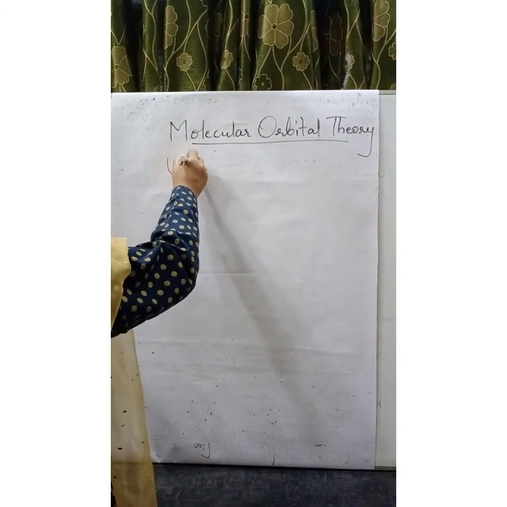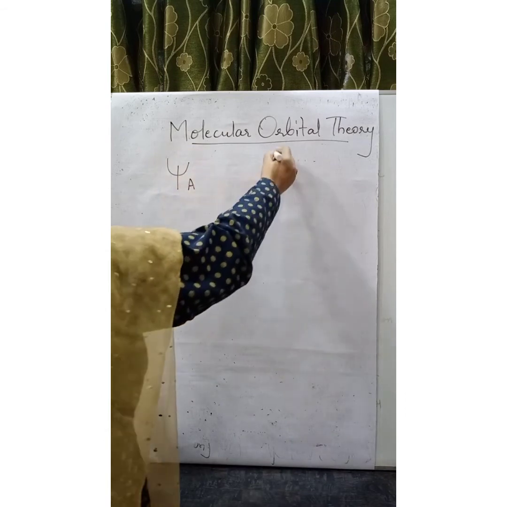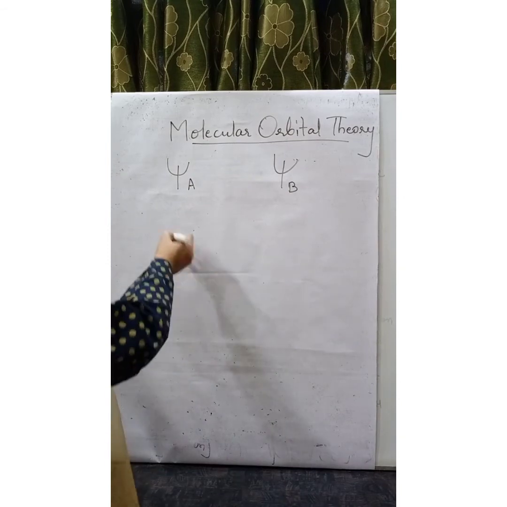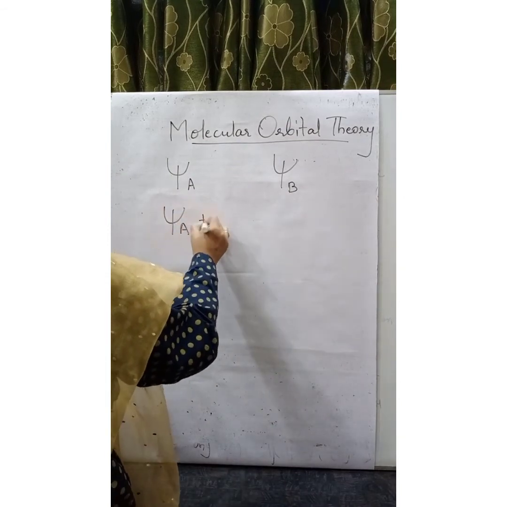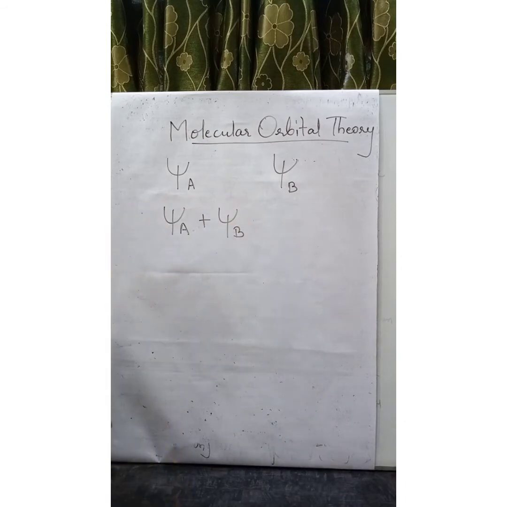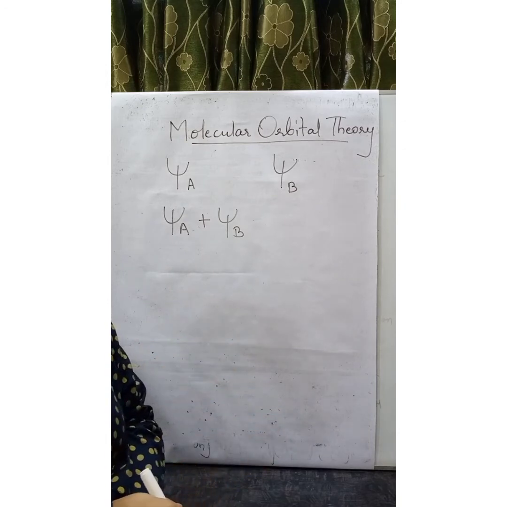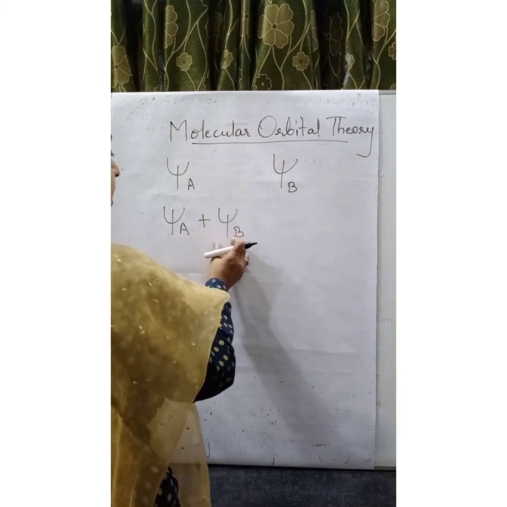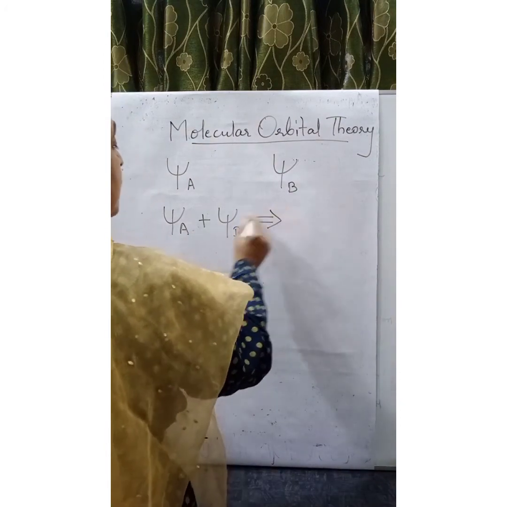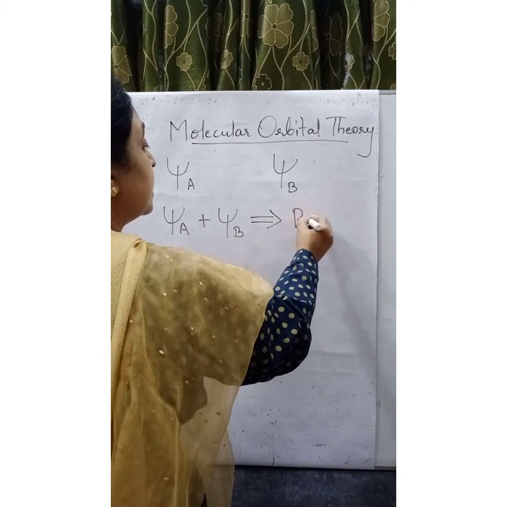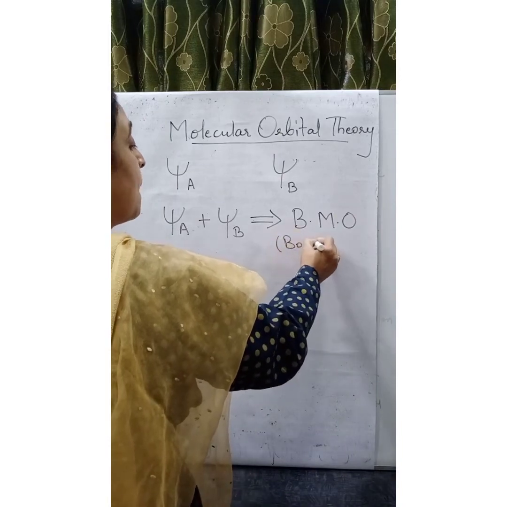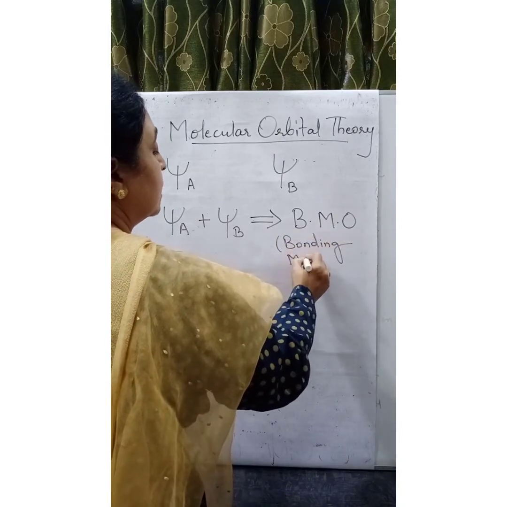For example, we have two different atoms having wave functions psi A and psi B. When psi A and psi B are added, that means when there is constructive interference, when two waves overlap with each other properly in the same manner, it results in the addition of their wave functions, and it results in the formation of BMO. BMO stands for bonding molecular orbital.